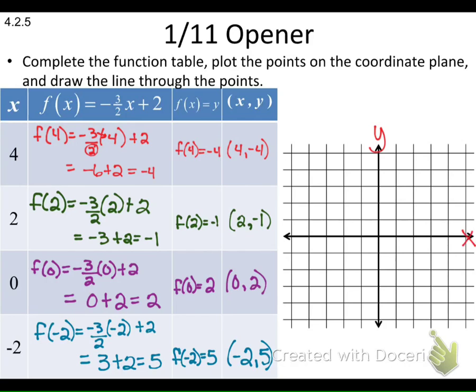So my first ordered pair, I'd like you to graph for me. So I start at the origin. Which direction do I go? So I'm going to have you graph this first ordered pair here. 4, negative 4. So it's x and y.